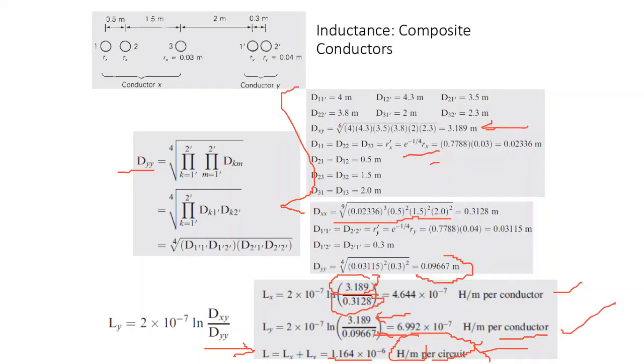Therefore, we add them. If we have 3 conductors, 3 phase, we add LX, LY, and LZ, for example. Or instead of X, Y, we call them A, B, C, or red, yellow, blue. Therefore, we add the inductance of the red phase, the blue, and the yellow. So we add them together.